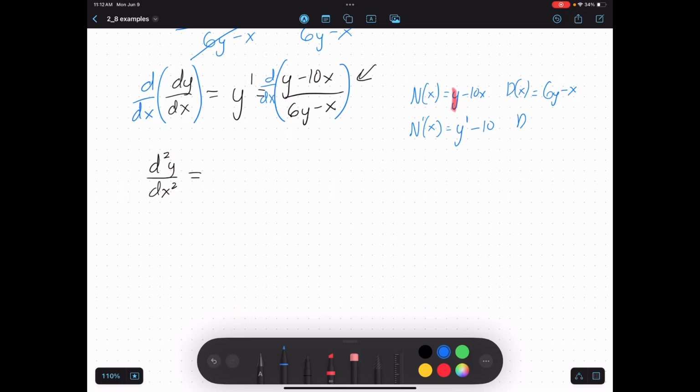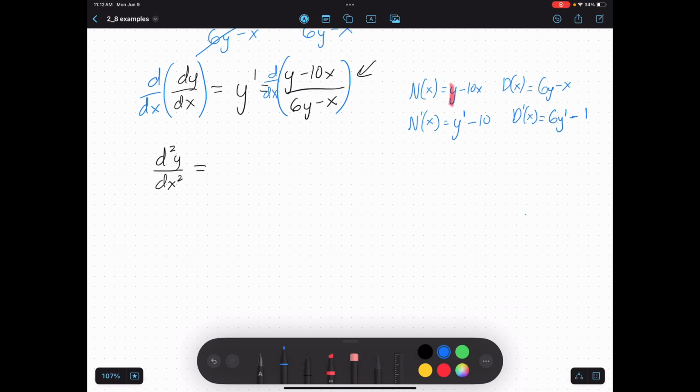What's the derivative of the denominator? Well, very similarly, 6y, when I take the derivative of that, I take the derivative like normal, which would give me 6, but then I multiply it by y prime. So I get 6y prime minus derivative of x is just 1. And now I put it together using the quotient rule.